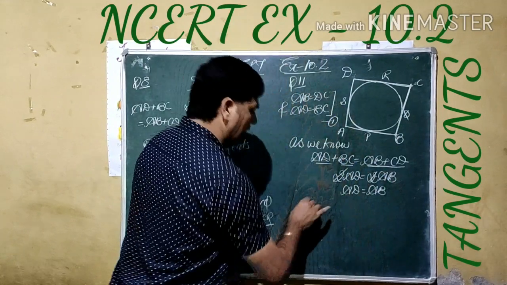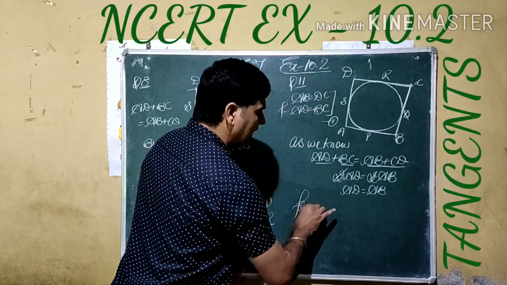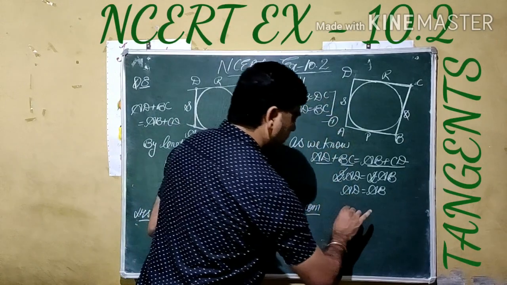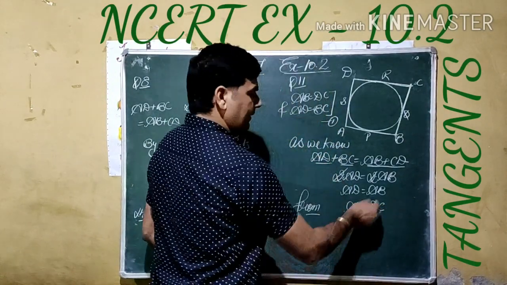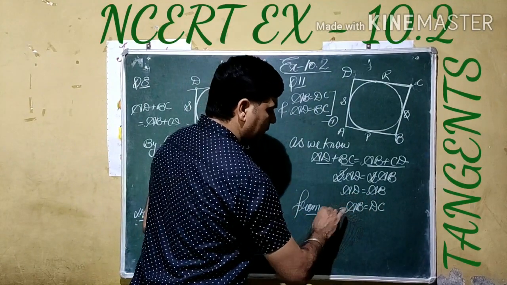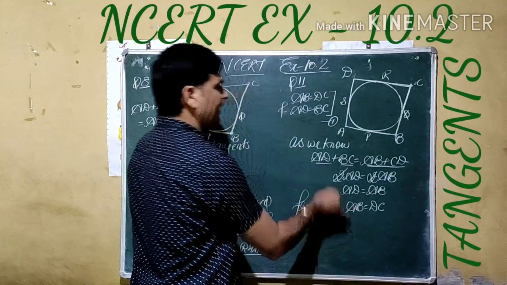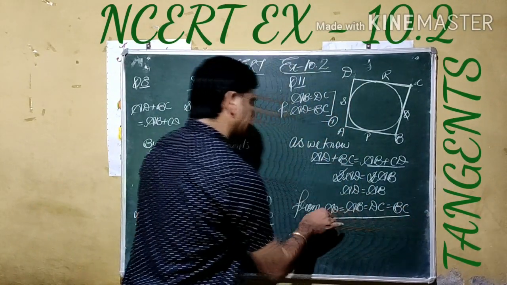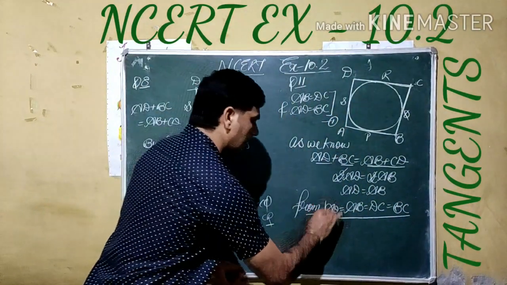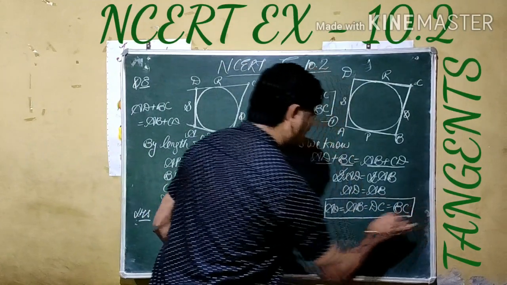If we see from 1, if we combine them, AB is equal to DC. And AB is already equal to AD, which we have proved. And AD is equal to BC. So what we observe here is all the sides of the quadrilateral are equal.